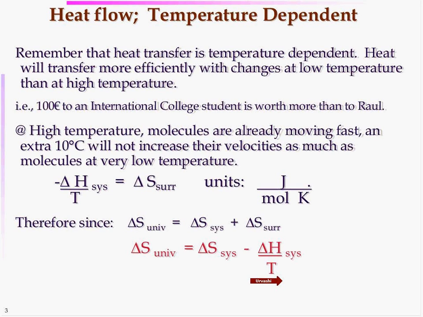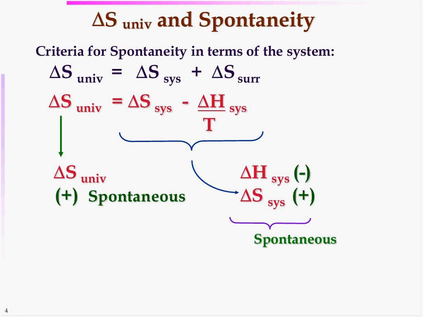Then we made some changes to this equation. This is the slide. Now, for a spontaneous reaction, we want delta S universe to be positive. If delta S universe has to be positive, then this has to be positive and this quantity has to be negative, because then the entire quantity on the right hand side will become positive.